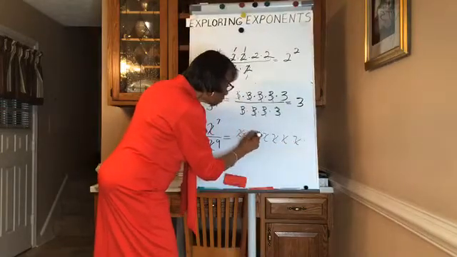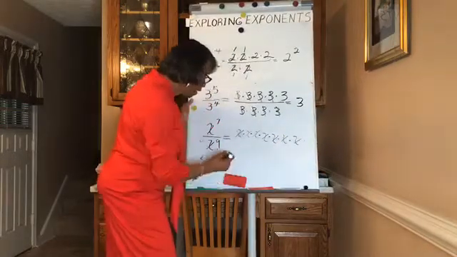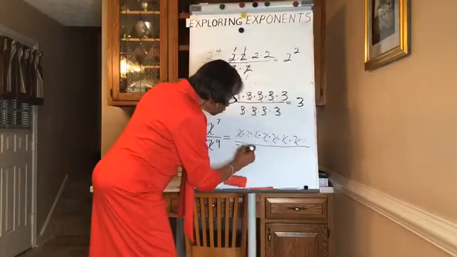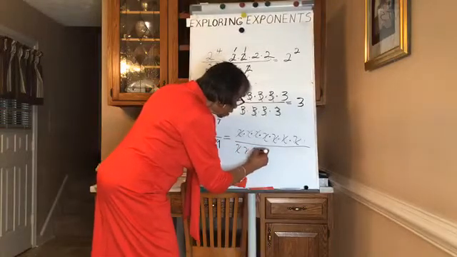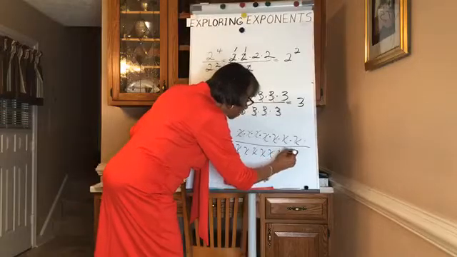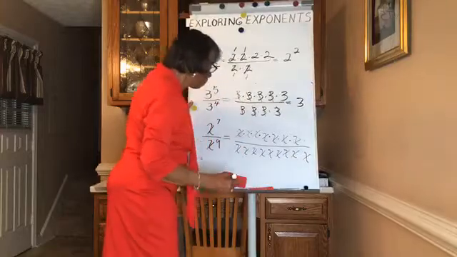Okay, and this is times. Put your little time signs in the middle. Okay, and X to the 9th. It's X, 1, 2, 3, 4, 5, 6, 7, 8, 9.